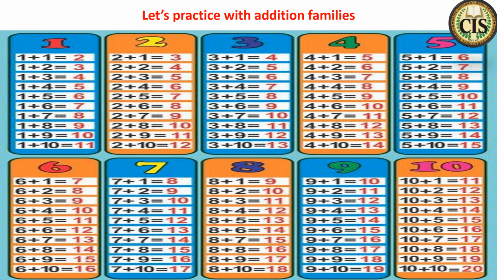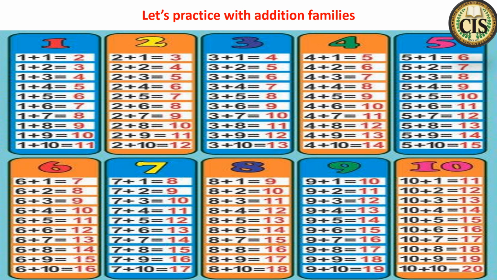Put the big number 3 in my mind and 2 on my fingers and start counting. After 3, 4, 5. So we will write 5. The next one, 3 plus 3. Put 3 in my mind and 3 on my fingers and start counting. After 3, 4, 5, 6. So we will write 6.